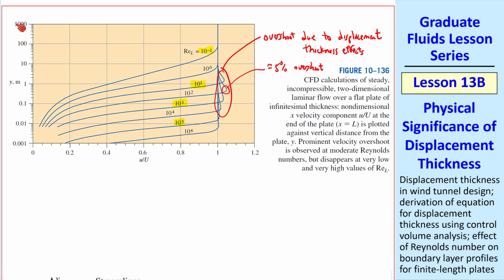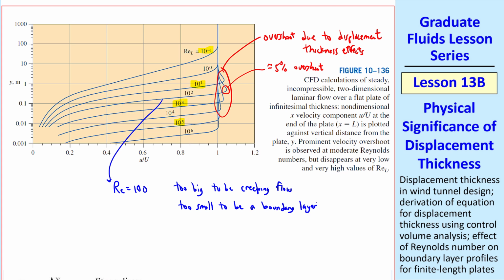I note that this is a log scale for y, so the profiles here look a little funny as they approach the no-slip condition at the wall, because we never get to 0 on a log scale. This case of Reynolds number 100 is an interesting one. It's too big to be creeping flow, but it's too small to be a boundary layer. And when we solve with the Navier-Stokes code, we see a maximum overshoot at this Reynolds number of about 100.